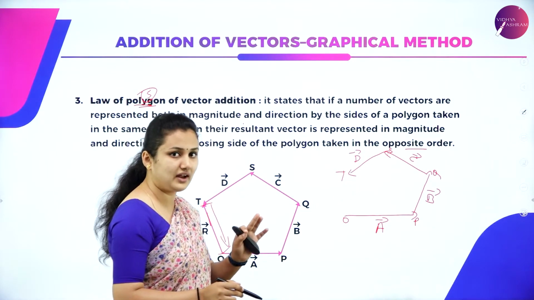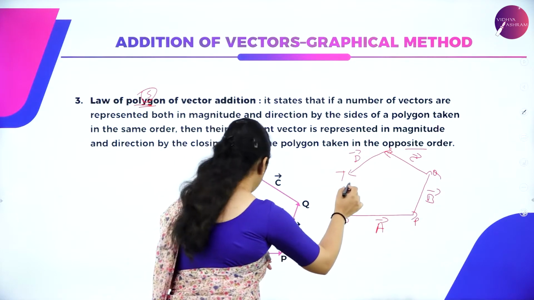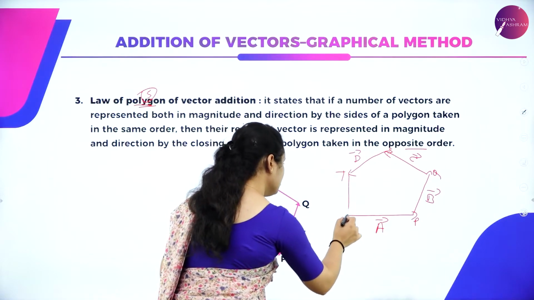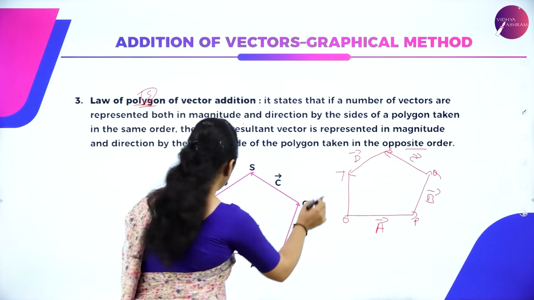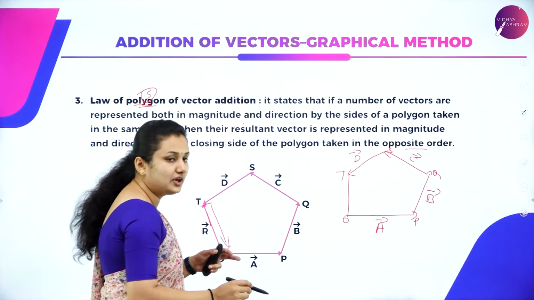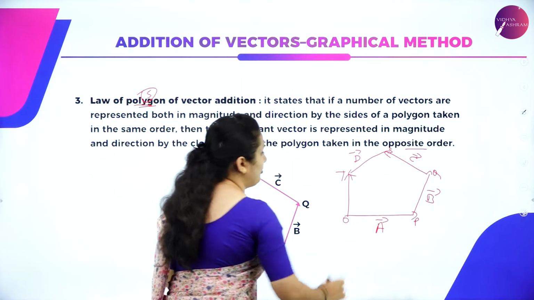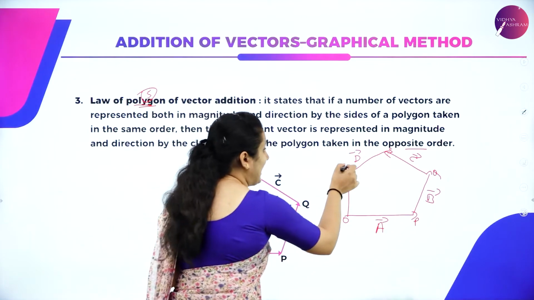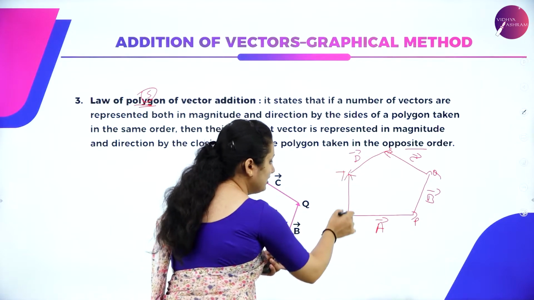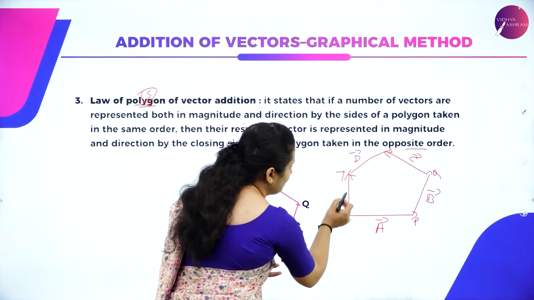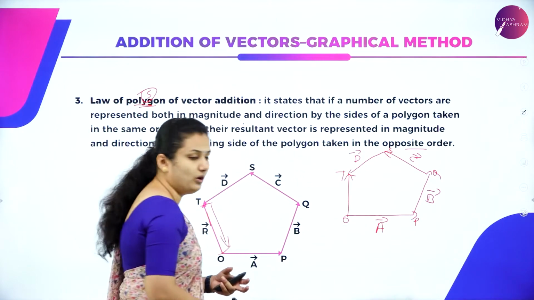So we have 4 vectors, 4 sides. Let us say this is the closing side of the polygon, OT. OT is the closing side of the polygon, which is not in the same order. It is in the opposite order. So from the head of the line ST, I am drawing the line OT. You can see the tail of the line OT is connected to the tail of the line OP.